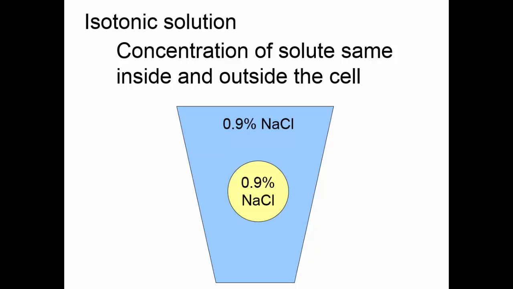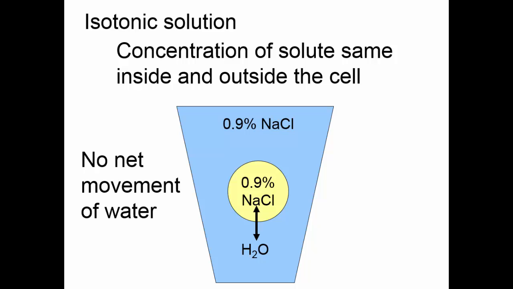Since there is no difference inside and outside the cell in terms of osmolality, we'll have water moving across the membrane, but it will move equally in both directions. There will be no net movement of water, and the cell will not change its shape or its tone.